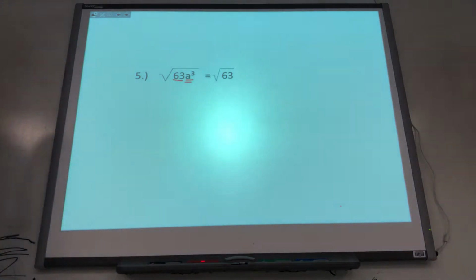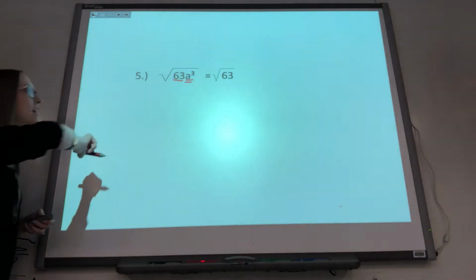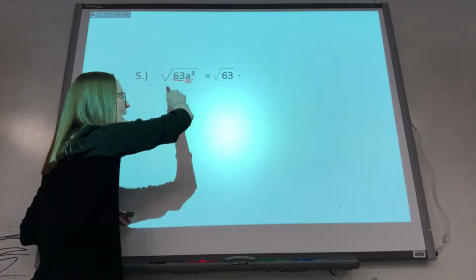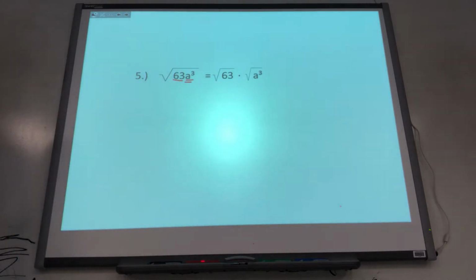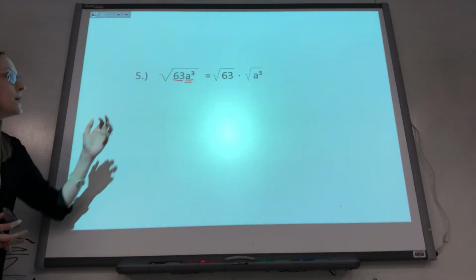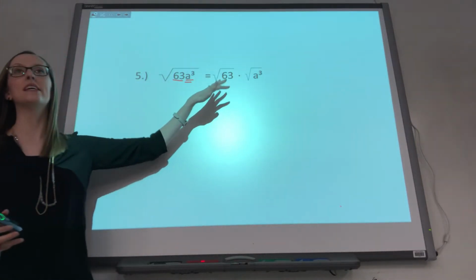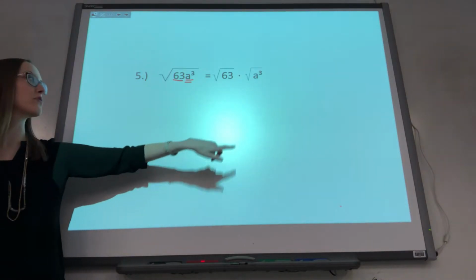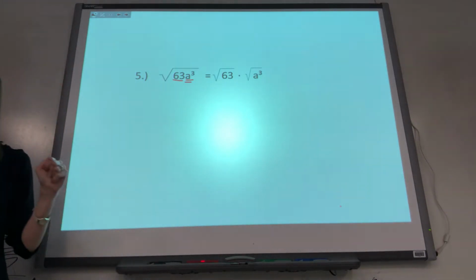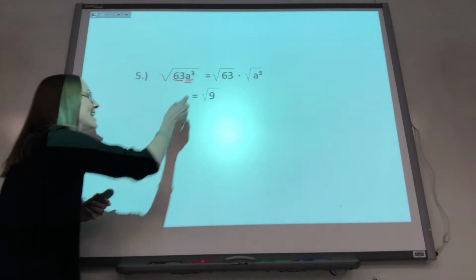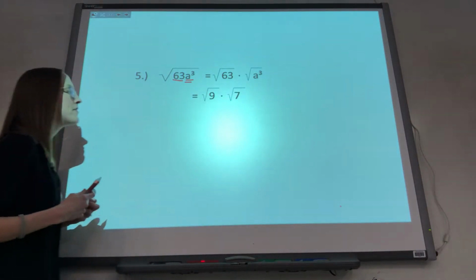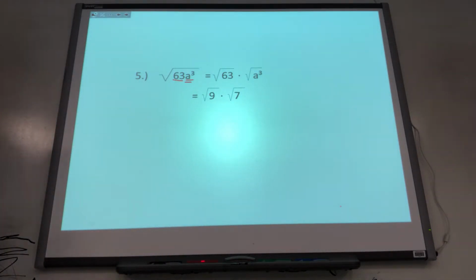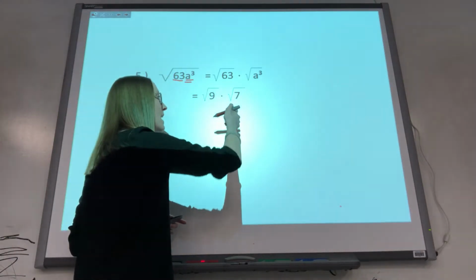I've got the square root of 63, and then I'll multiply that by the square root of a cubed. So the square root of 63 is not a nice square root, but what is a nice square root that goes into 63? 9. Let's do the square root of 9 times the square root of 7.